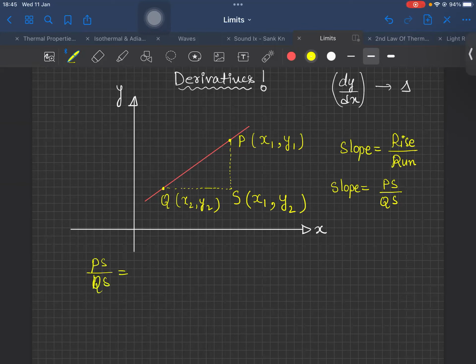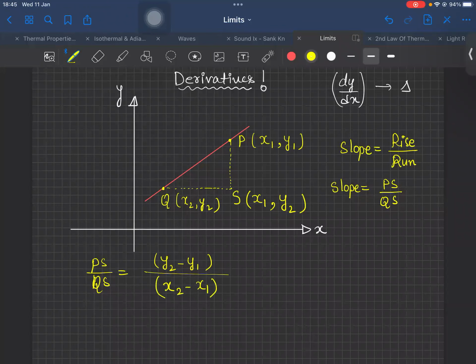So you can write PS upon QS. What's the length of PS? How do you calculate PS? So it is y2 minus y1, right? Upon QS, how much will be QS? x2 minus x1 or x1 minus x2, whatever you want, you can write. See, x2 minus x1.